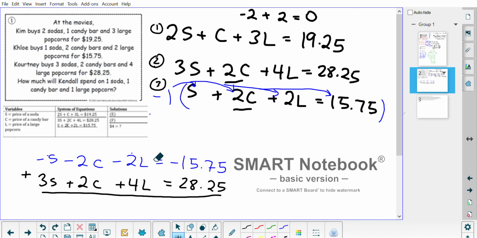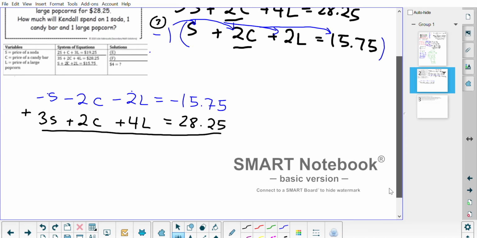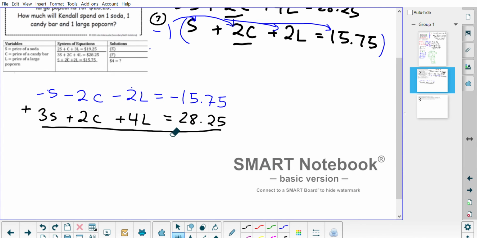All right, so now I can go ahead and combine them. What's going to happen here is that you're going to do negative 15.75 plus 28.25. So this one would be 12.50.